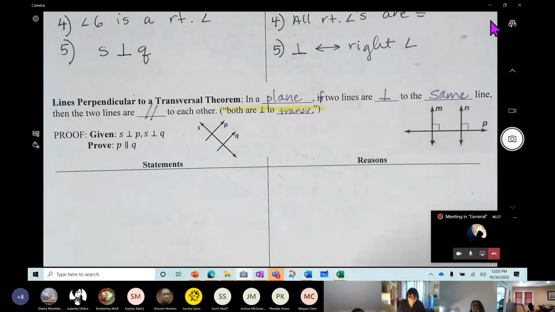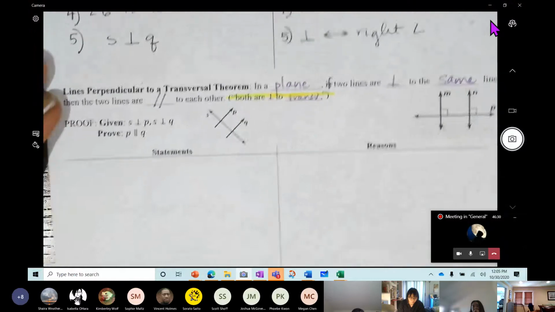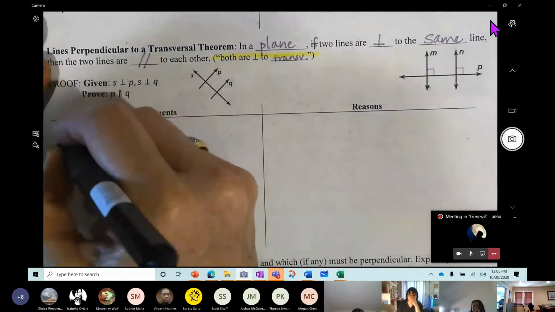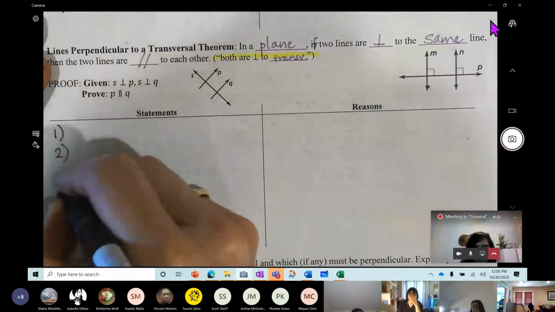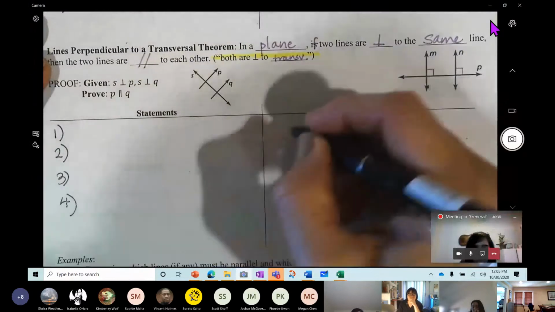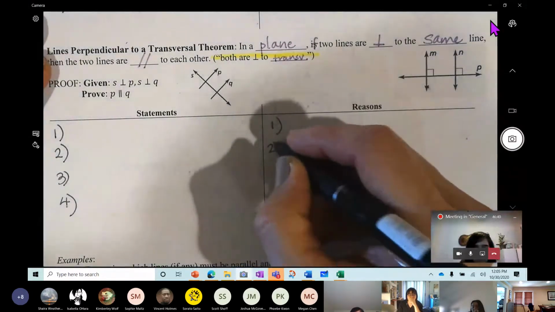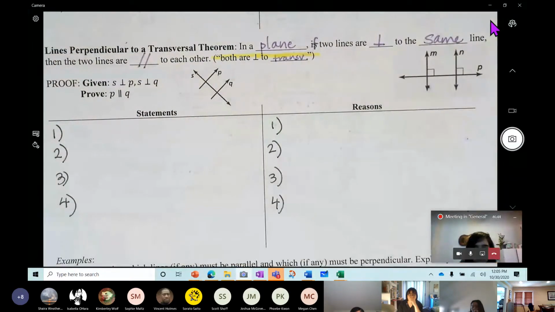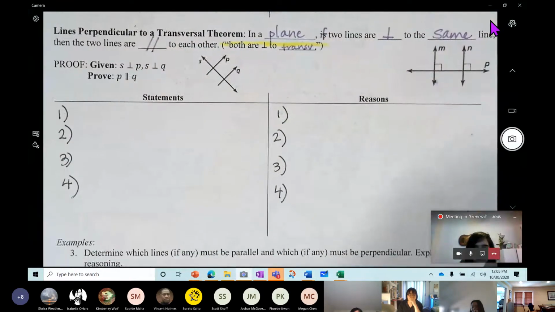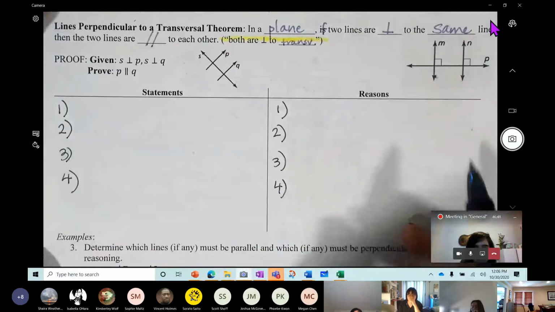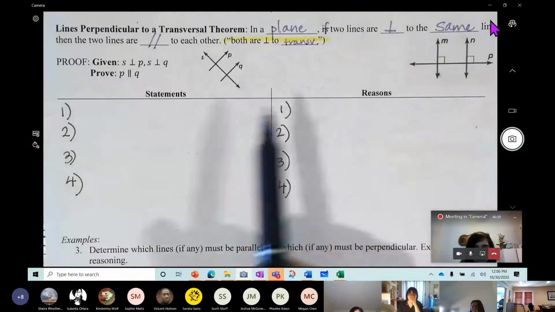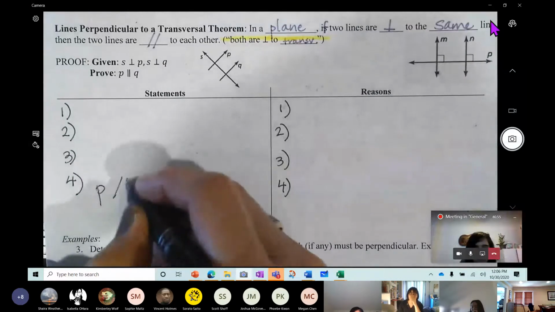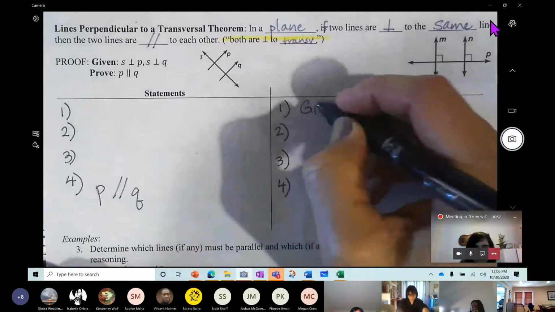Okay. I'm also going to ask you to fill in, because we're almost out of time, but I am going to tell you this is a 4-step proof. So I want you to try to get it on your own. I have more examples for Monday because I was hoping to get through all of this. But look, if you could already fill this in, you could fill in 1 and 4 because you're going to get this here.